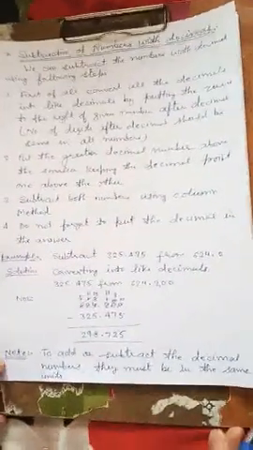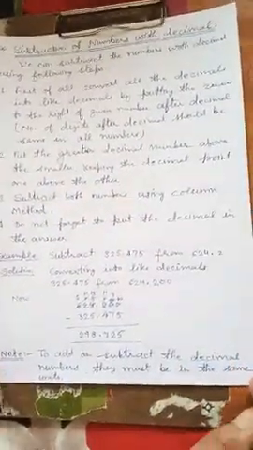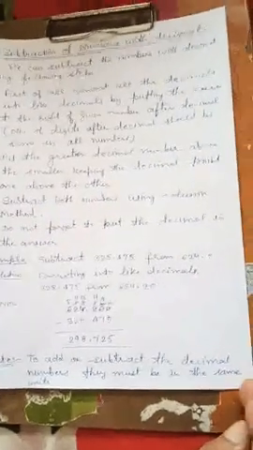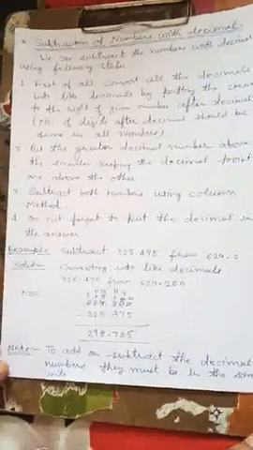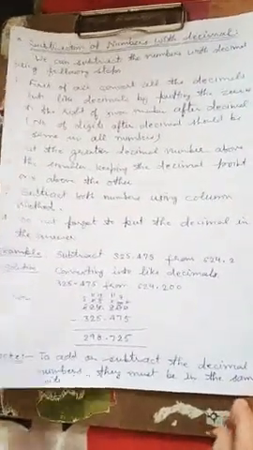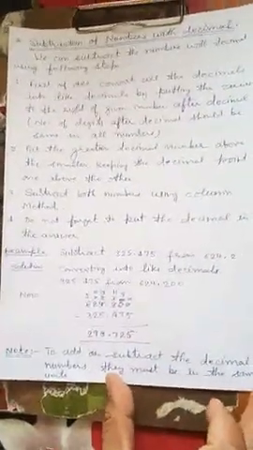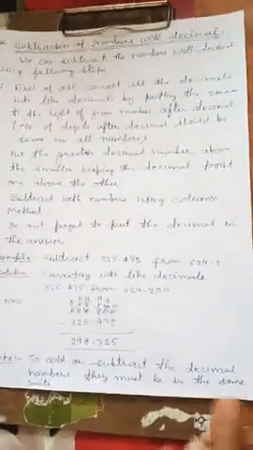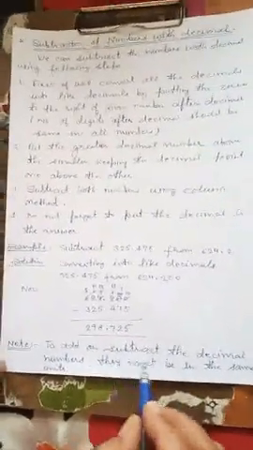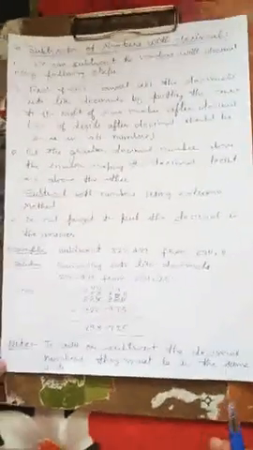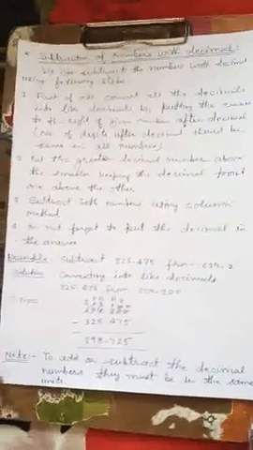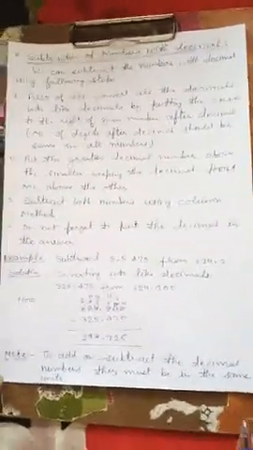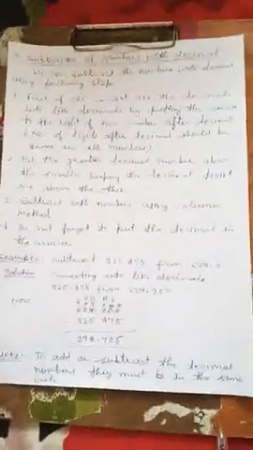For example, if we want to add 450 gram and 5 kilogram, first we have to convert the 450 gram into kilogram and then add it to 5 kilogram. In this way we can add or subtract the decimal numbers.